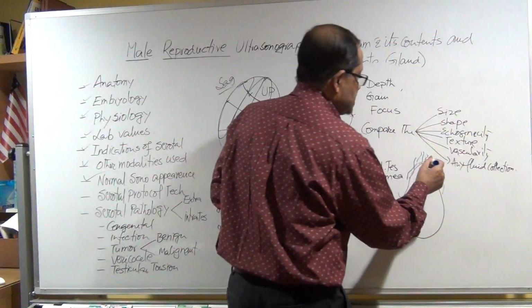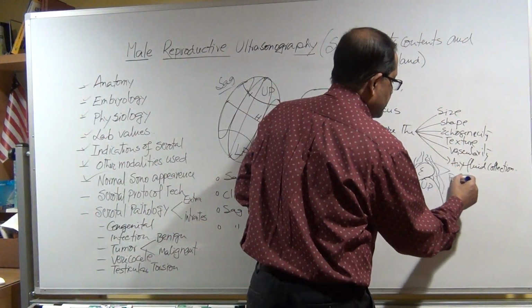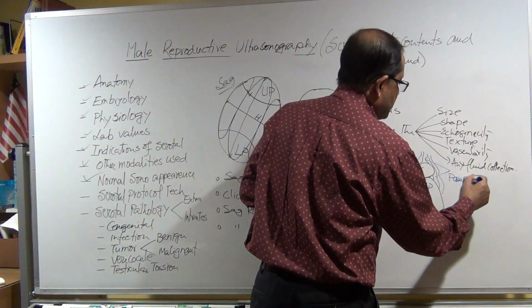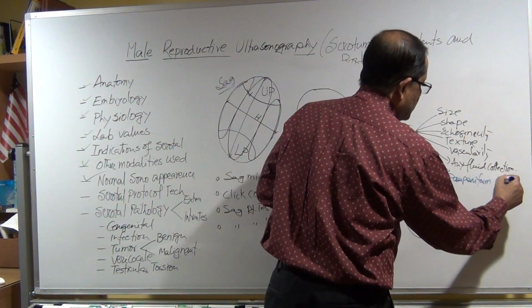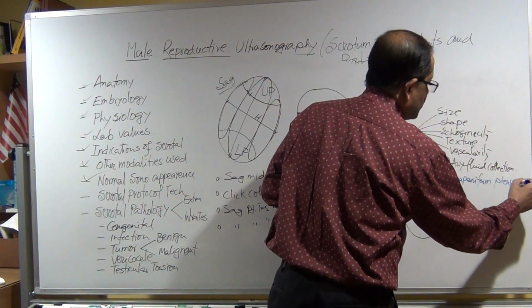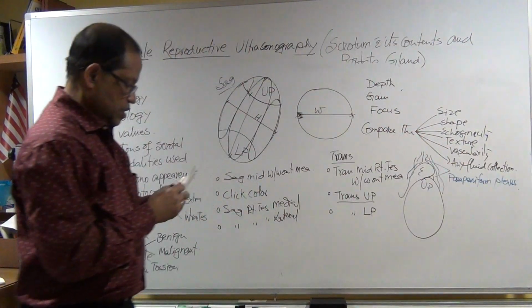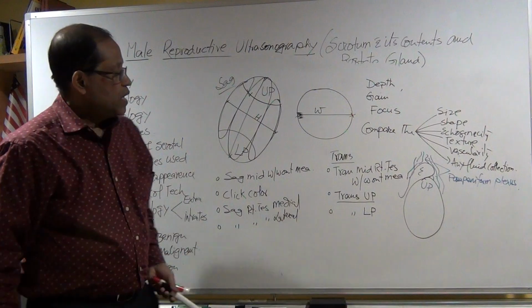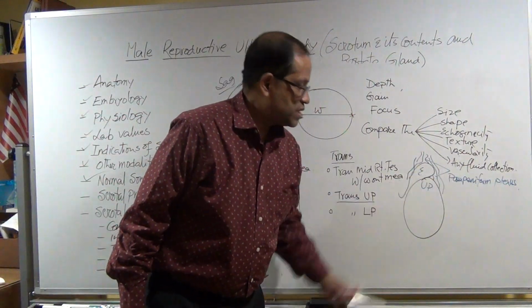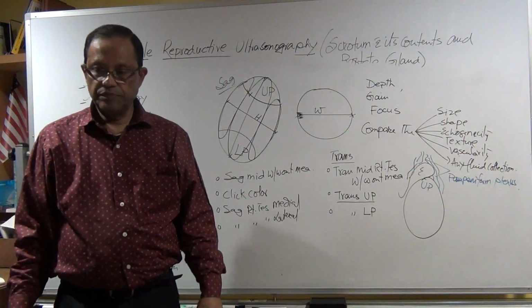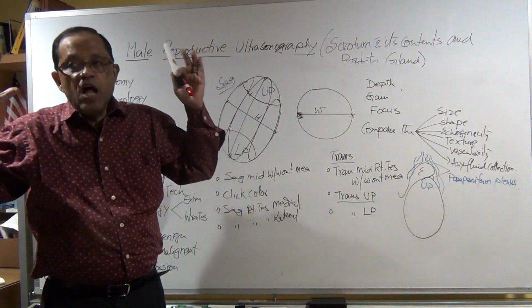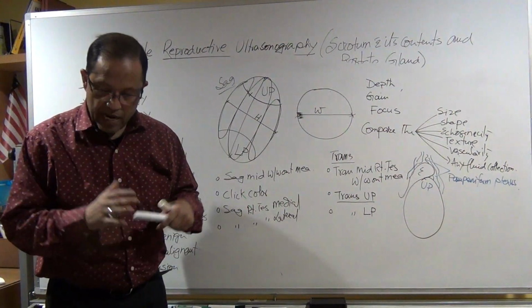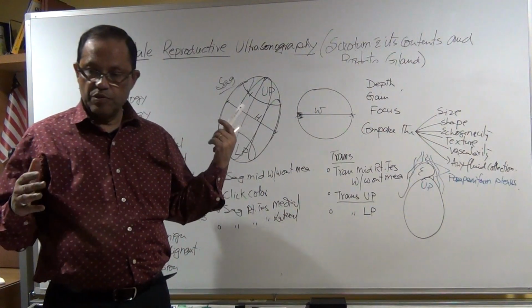Okay, so this is the pampiniform plexus. So now, when you see the pampiniform plexus, click the color. Then you will see a lot of colorful red, blue.